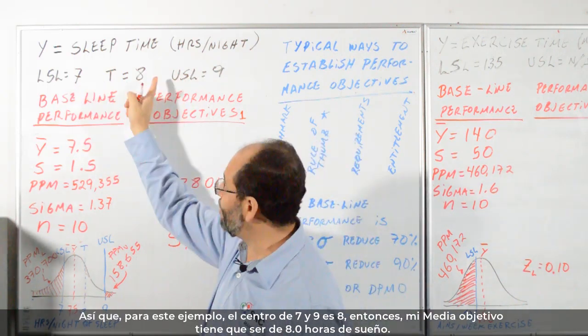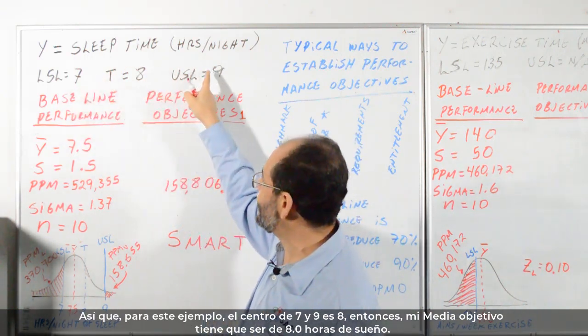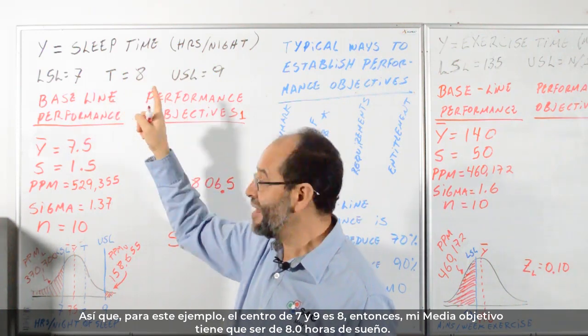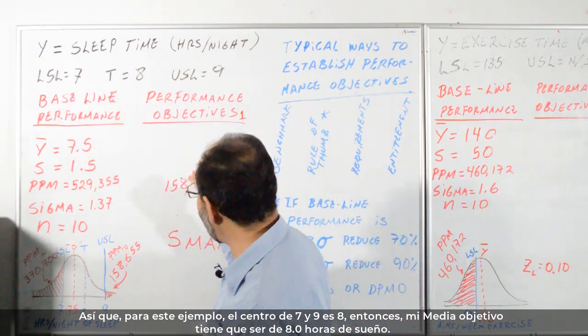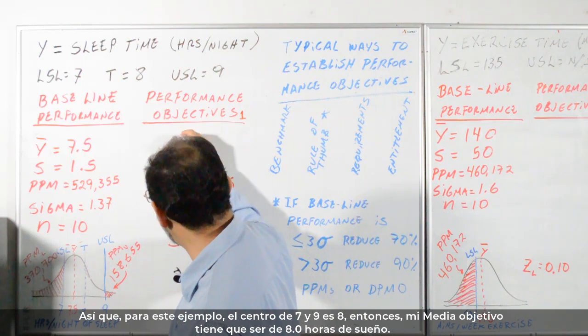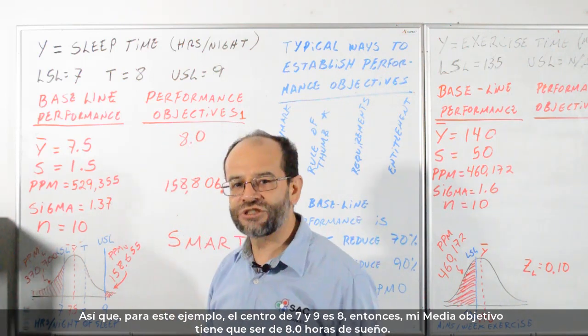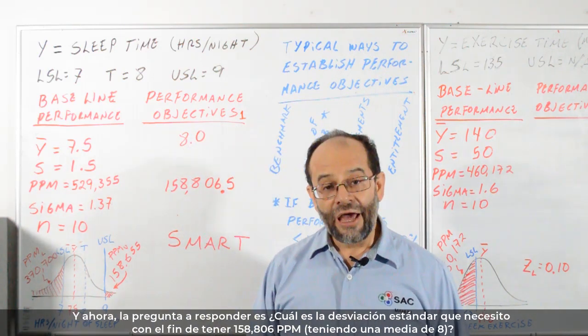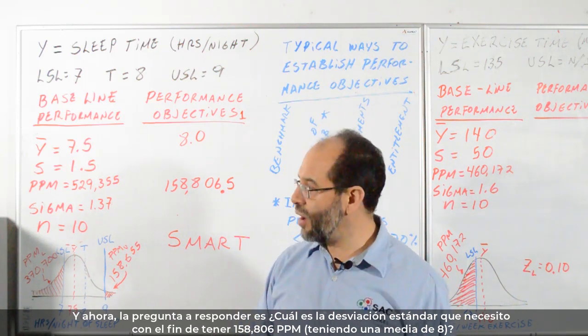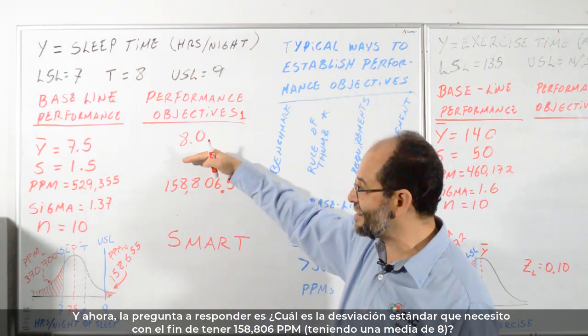So for this example, the center of 7 and 9 is 8. Then my objective mean has to be 8.0 hours of sleep.